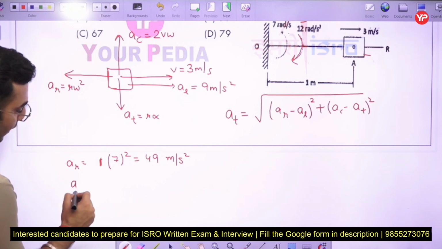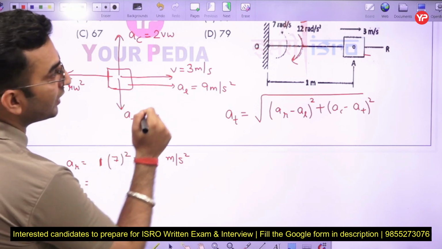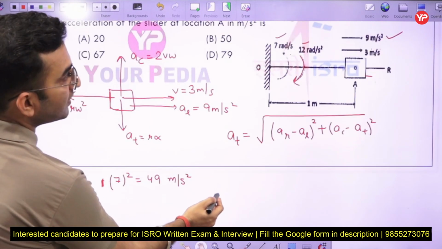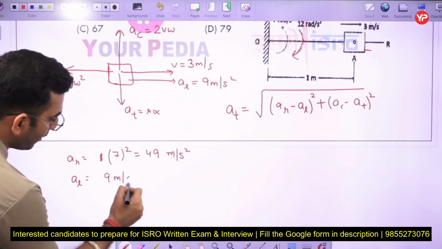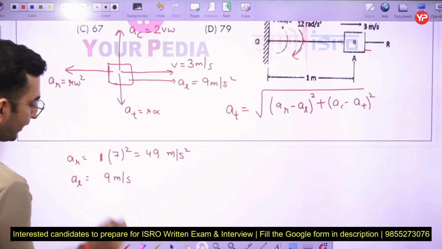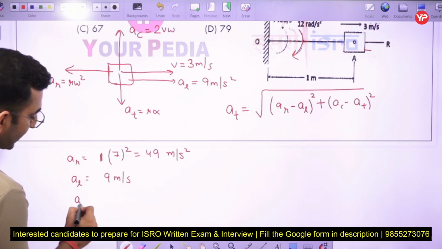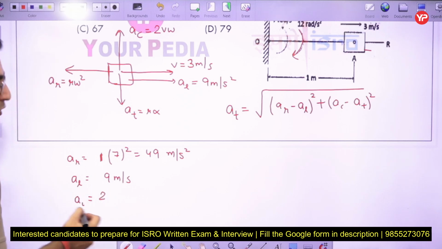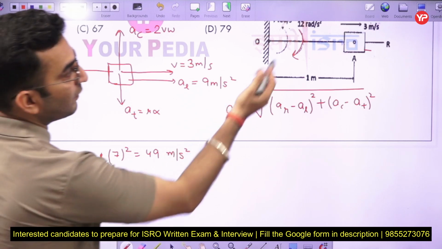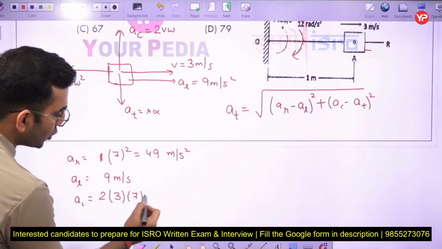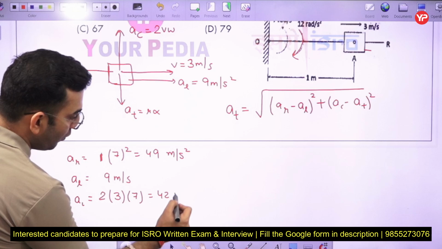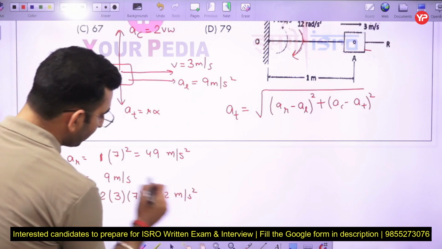Correspondingly, the linear acceleration is given to us in the question as 9 meter per second square. Along with that, we are provided with the Coriolis acceleration. Coriolis acceleration is 2v omega. So v is given to us as 3 meter per second, and the omega is given to us as 7. So it will be equal to 42 meter per second square.